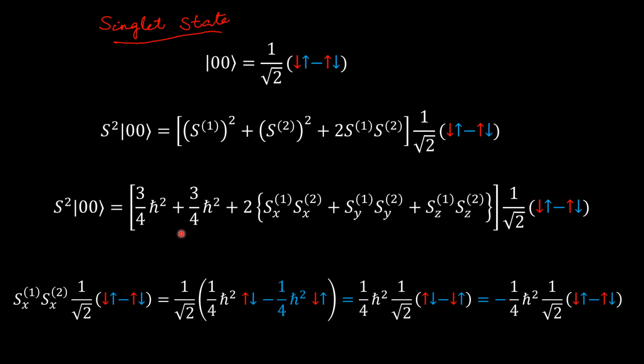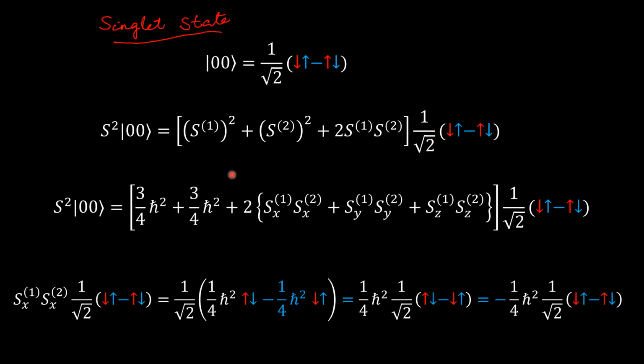So first we will take this S1 squared. When S1 squared acts on this vector, you get back the same vector with 3 by 4 ħ squared, as we have seen, and S2 squared also.